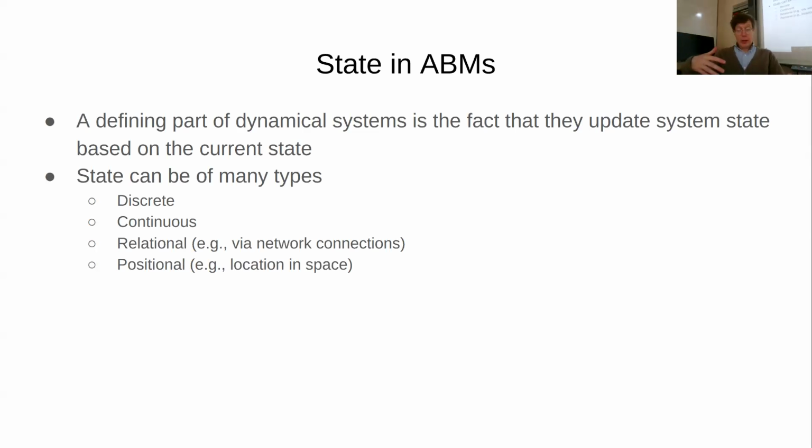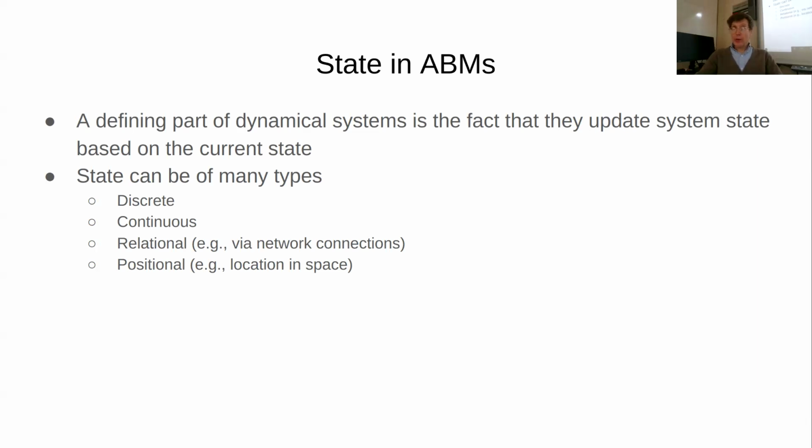That generally, the update to the system depends on the current state. We specify it in different ways. And as we'll see, even for ABMs, we'll specify it in different ways, how it depends on the current state. But this notion of dependency on the current state for how things change is a common feature of all dynamical system specification traditions.